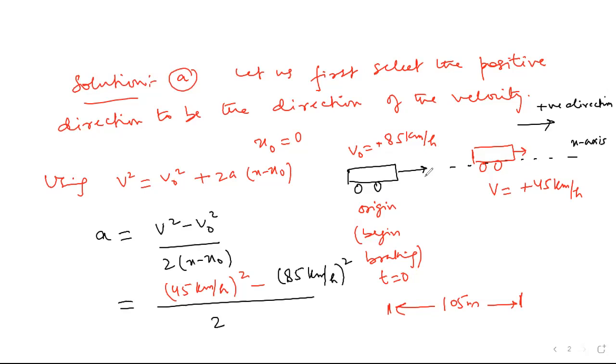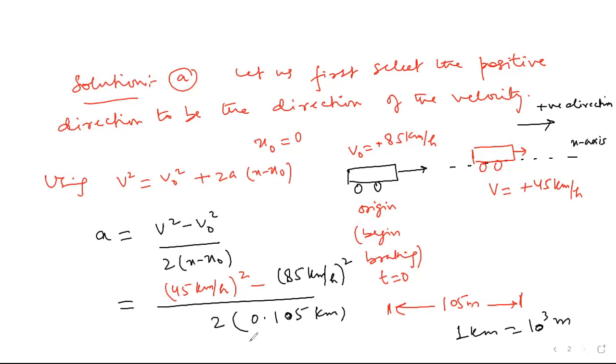So what is x? That is my x minus x naught, which is 105 meter, or I will write it in kilometers, which is 0.105 kilometer. I have converted it to kilometer. You know, 1 kilometer is 1,000 meters. Using that, 105 meter is 0.105 kilometer.